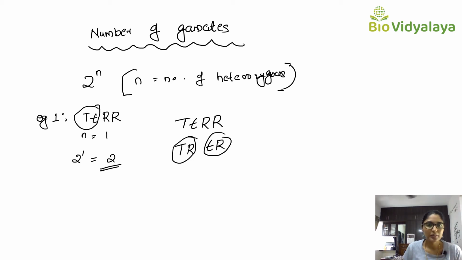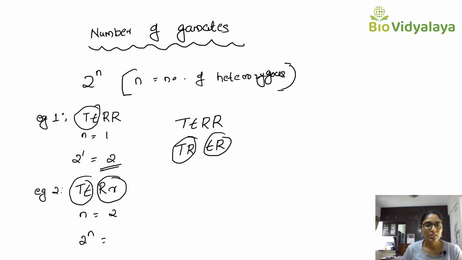Next example. Capital T, small t, capital R, small r. Here how many heterozygous? 2. So n is equal to 2. So 2 raised to n means 2 raised to 2. That means 2 into 2, that is equal to 4. Okay, so the number of gametes is 4.